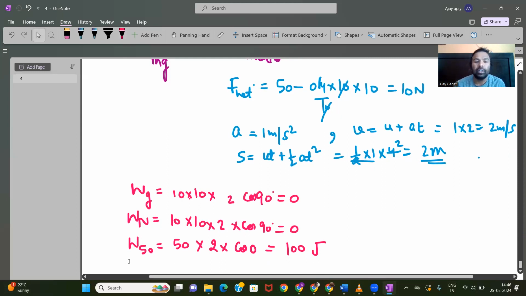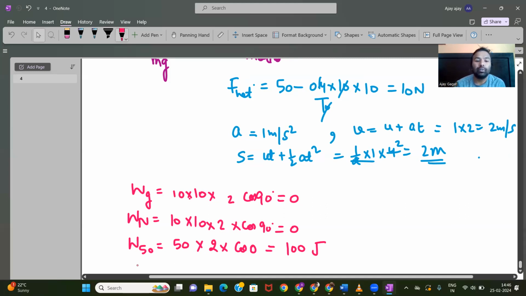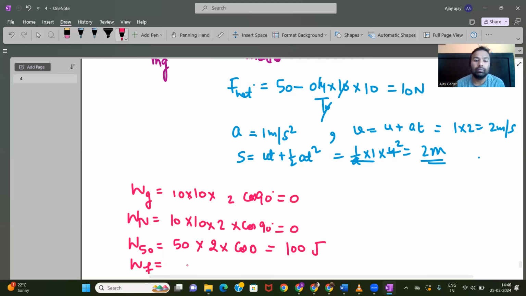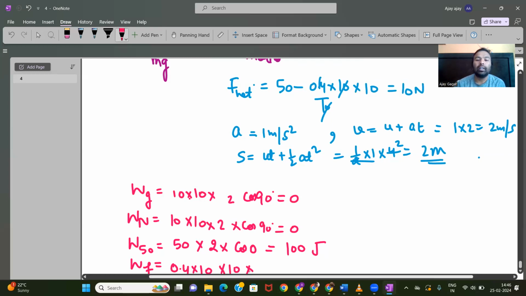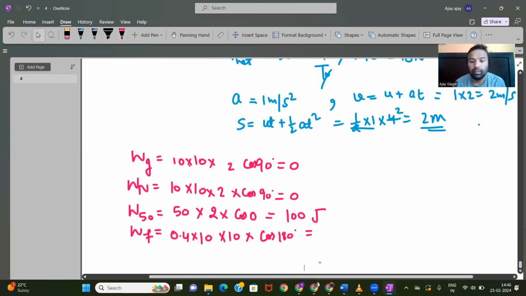Now, friction. So work done by friction. Friction is acting in the opposite direction. So work done by friction is going to be mu mg cos theta into displacement. That is mu is 0.4, m is 10, g is 10, into the angle between displacement and friction force, which is 180 degrees, that is cos 180, which is -1.